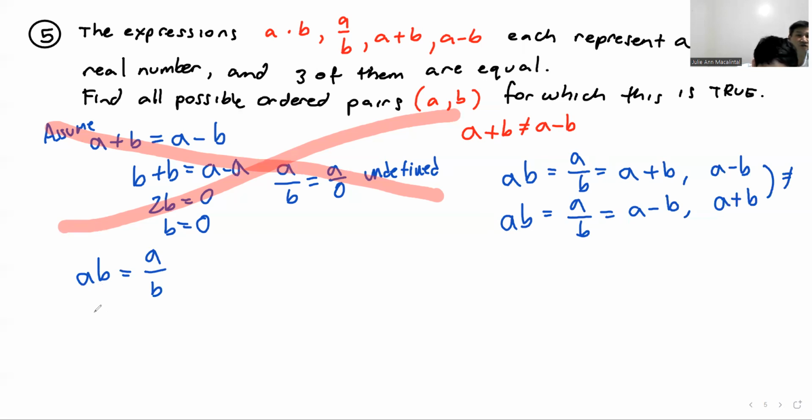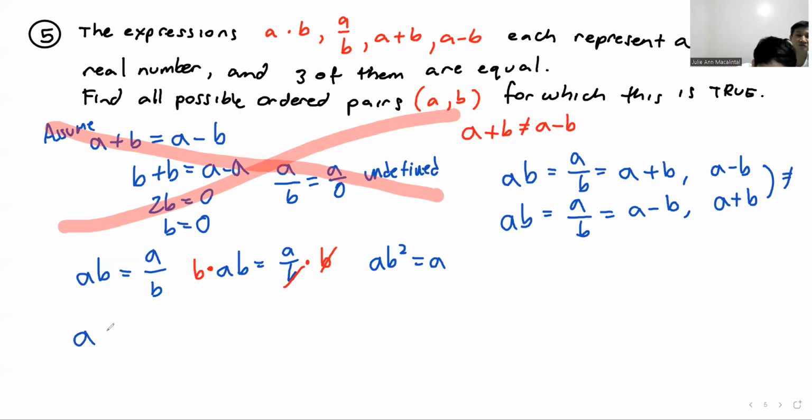Can you use different colors? Yes, we can. If you're so inclined, I will show: b times b will cancel, and then we end up with ab squared equals a.